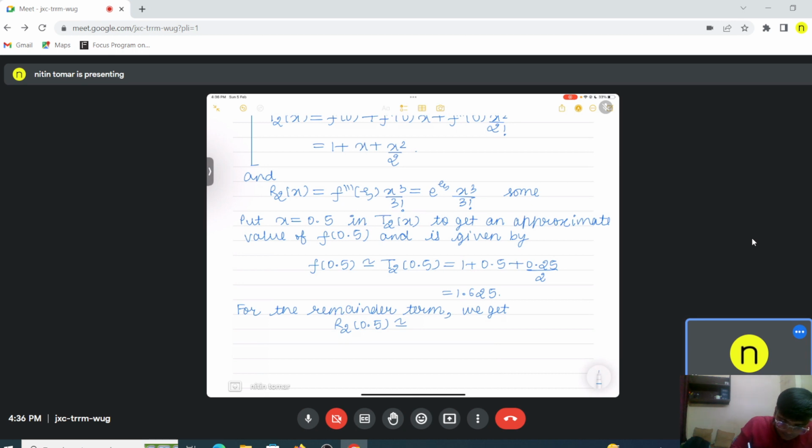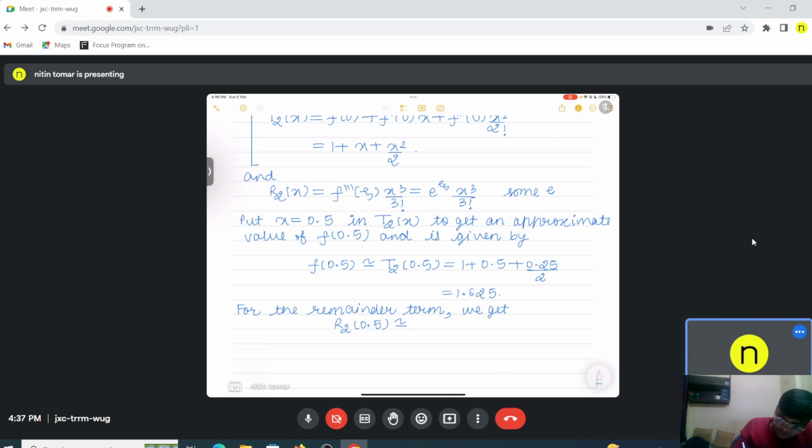Now, to obtain the value of the unknown xi, you know what we have to do? We have to know the exact value of f of 0.5, and that is not difficult, right?